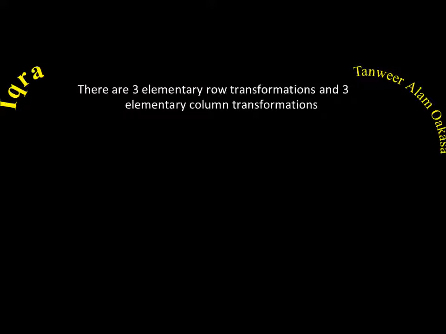Actually there are 3 elementary row transformations and 3 elementary column transformations. We'll see them one by one. The first transformation is that if I exchange 2 rows, then that is called an elementary row transformation. Let's see an example.